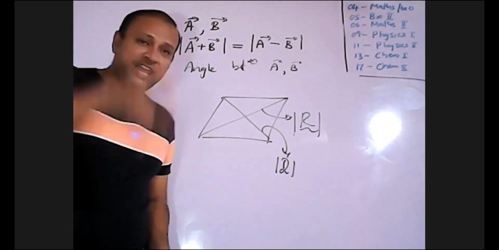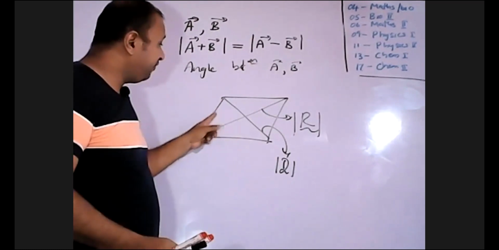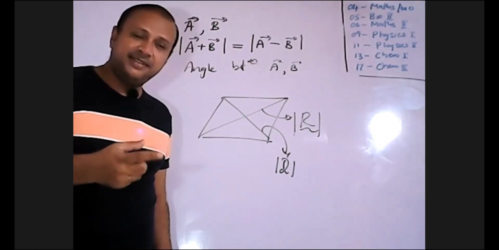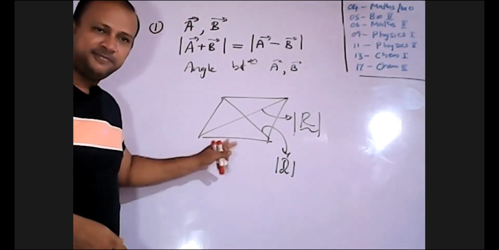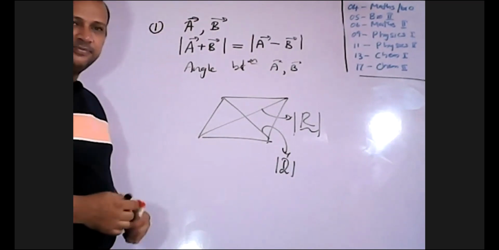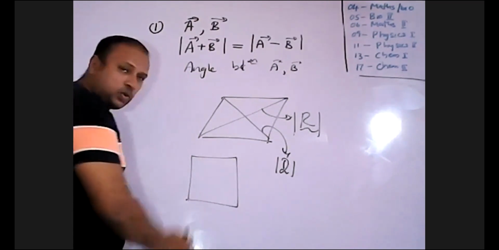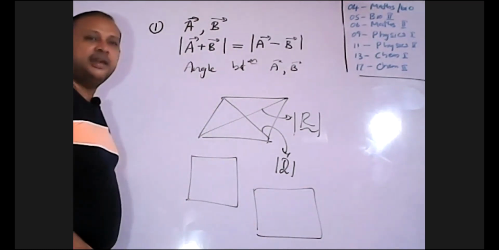If there are two diagonals which are equal in length, then what kind of parallelogram is this? It should be a square, or it should be a rectangle.